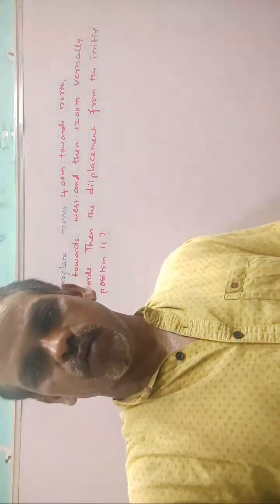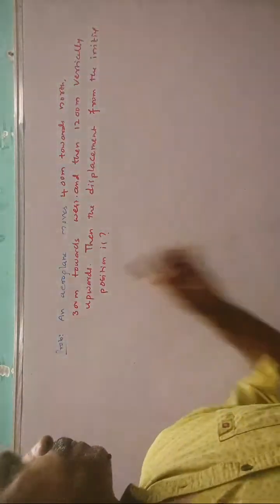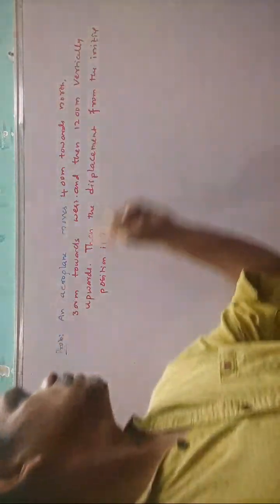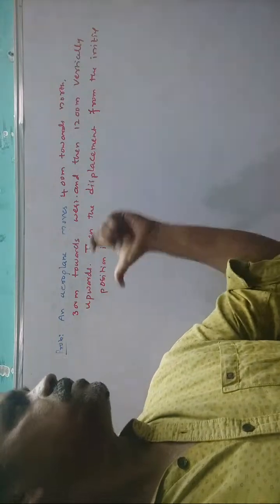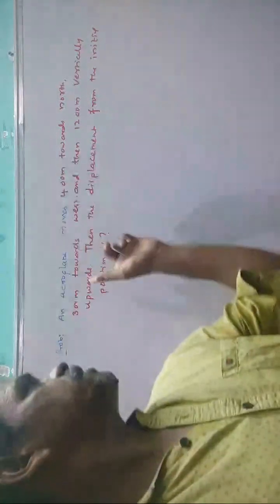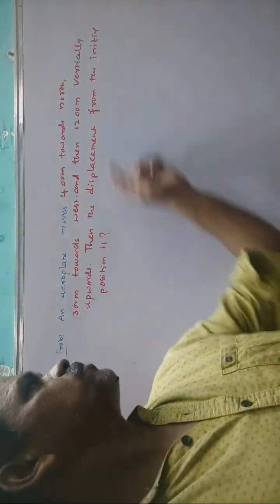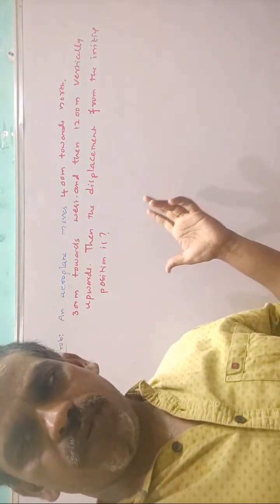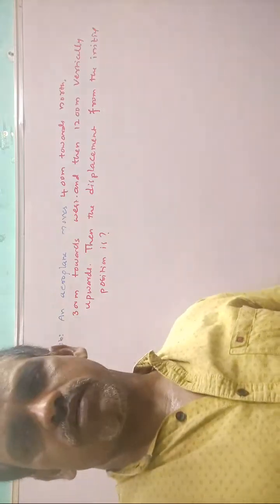See here, the question you just copied first. An aeroplane moves 400 meter towards north, 300 meter towards west, then 200 meter vertically upwards, then the displacement from the initial position is. After copying this, you just read the question first.